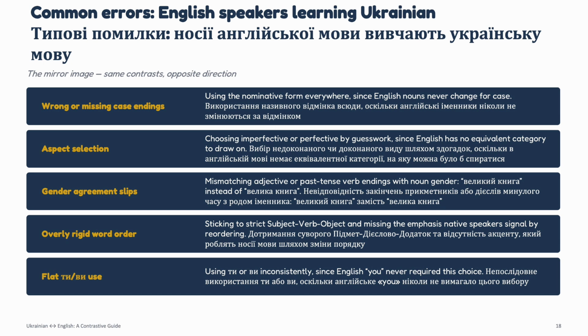Then aspect selection, choosing imperfective or perfective essentially by guesswork, since English has no equivalent category to fall back on. The next problem is gender agreement slips, mismatching an adjective or past tense verb ending with the noun's gender, saying this велика книга instead of велика книга, because here the ending is male, and we need to use the female ending.